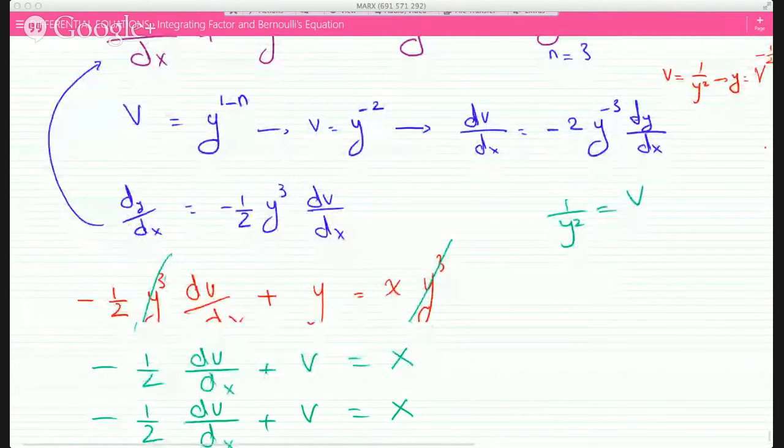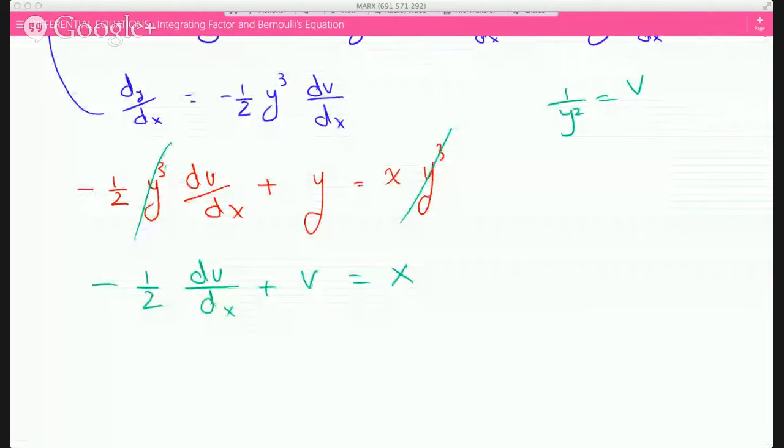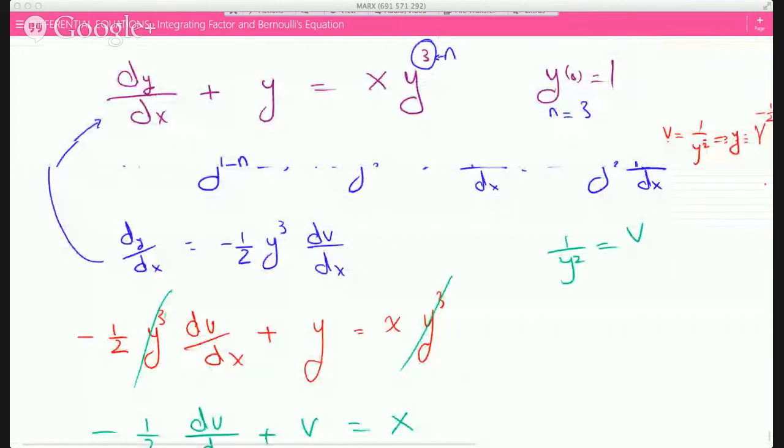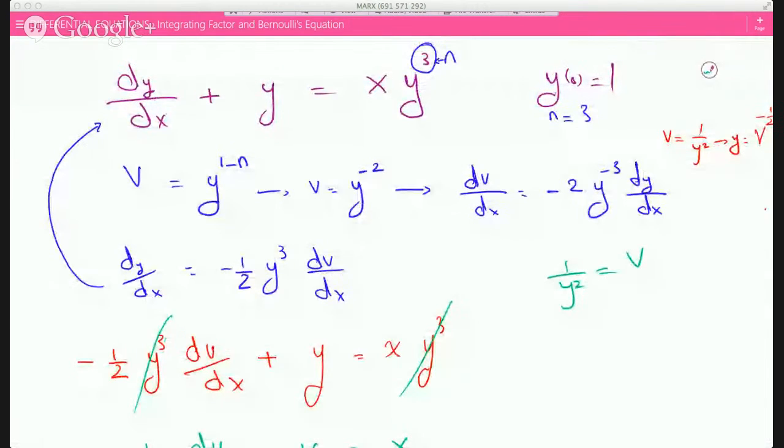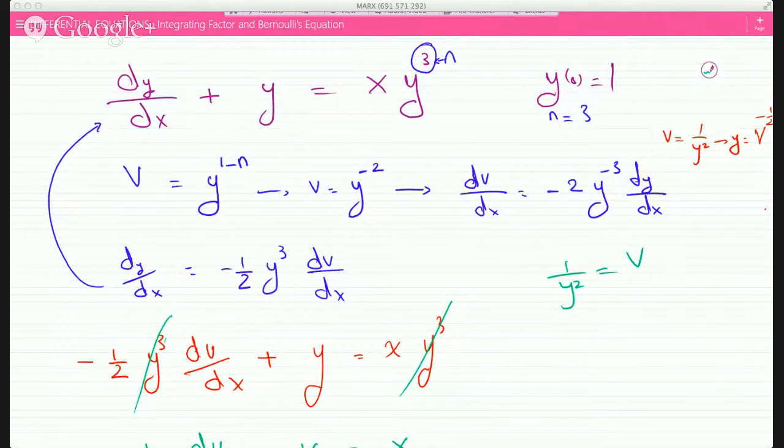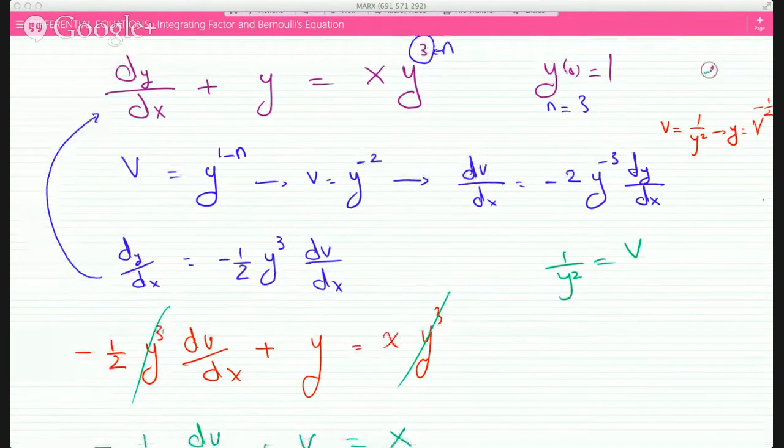Differentiate both sides. I mean dv dx, and then the right hand side y to the negative 2 becomes negative 2y to the negative 3 dy over dx.